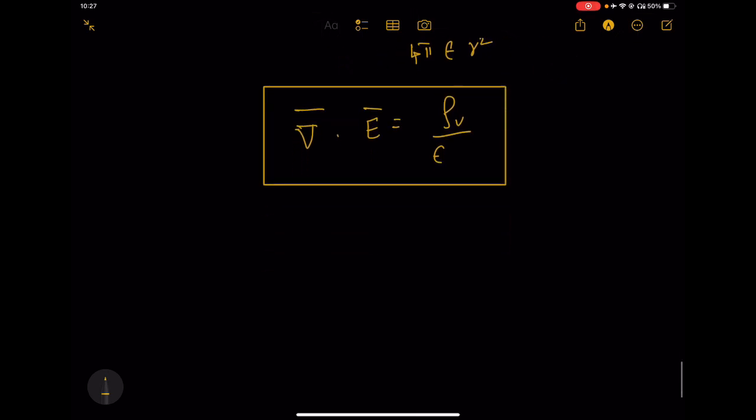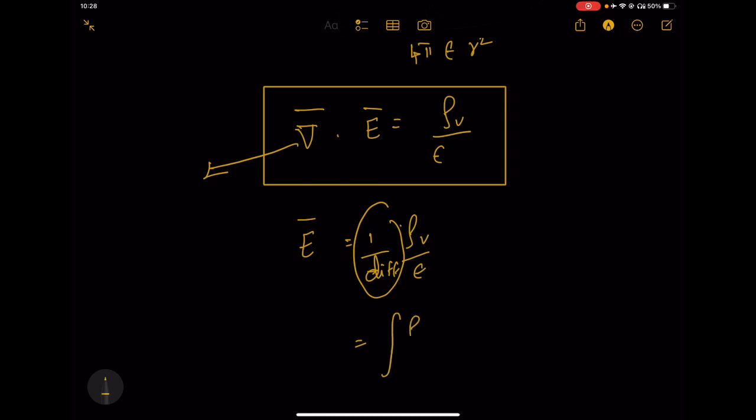So now, if you remember in one of the problems, we were saying that 1 by differentiation, why do I write 1 by differentiation? This is a differentiation operator, so 1 by differentiation is integral.